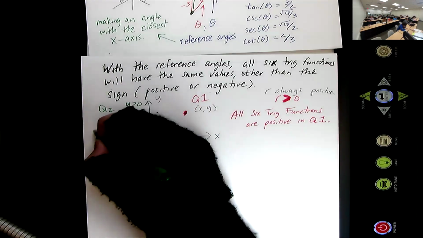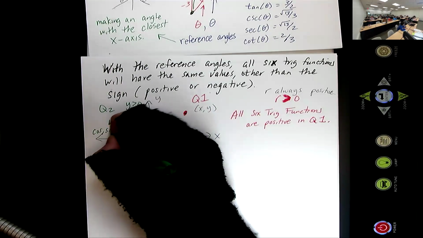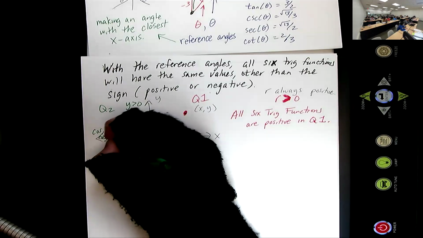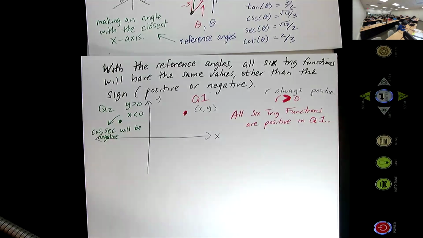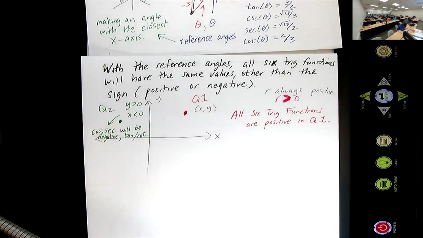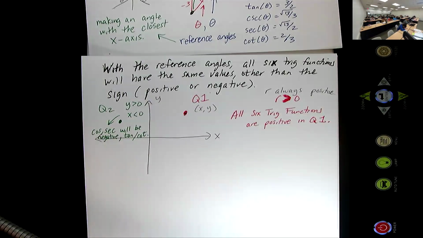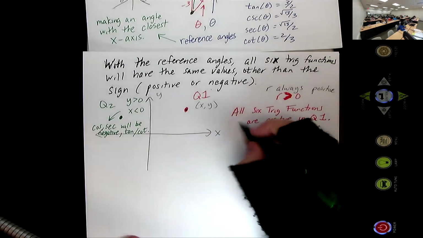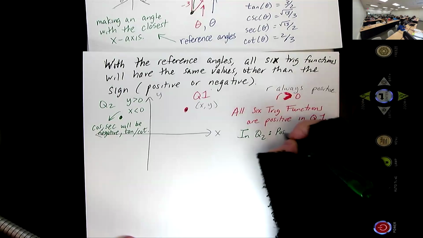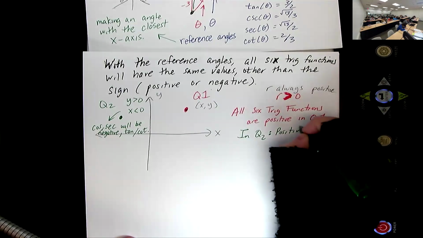This says cosine and secant will be negative, and tangent and cotangent. Which means the only positive ones in Q2 are sine and cosecant.